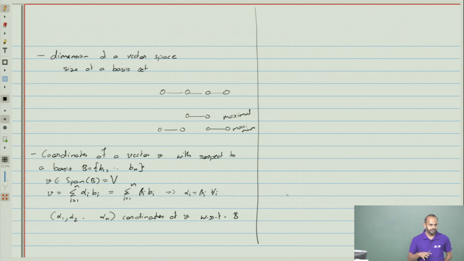Now, for example, in 3 dimensions, I take the basis set 1 0 0, 0 1 0, 0 0 1, and that is the natural standard coordinate system, right. The vector 2 3 4 is nothing but 2 into 1 0 0 plus 3 into 0 1 0 plus 4 into 0 0 1.